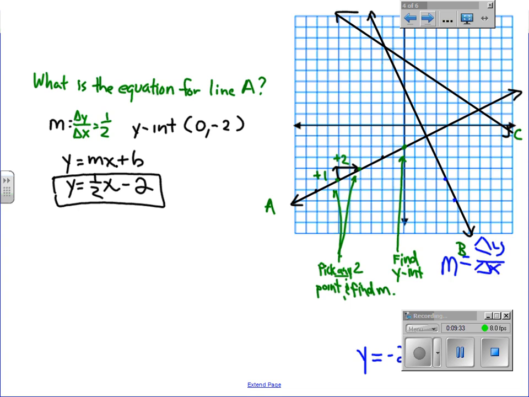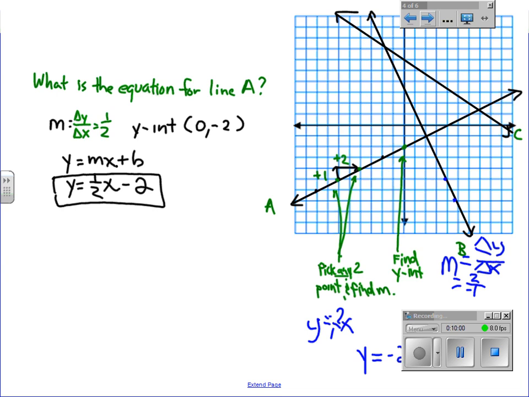And the change in y, you're going up 2. And you're going left 1. So the change in x is a negative 1. Good. So then our equation is y equals 2 over negative 1 x.